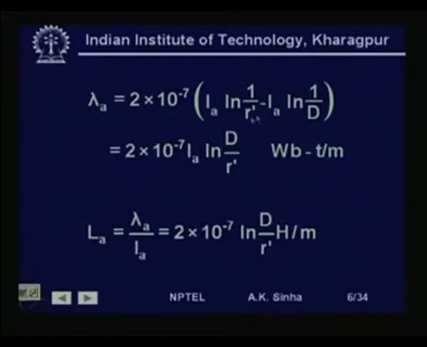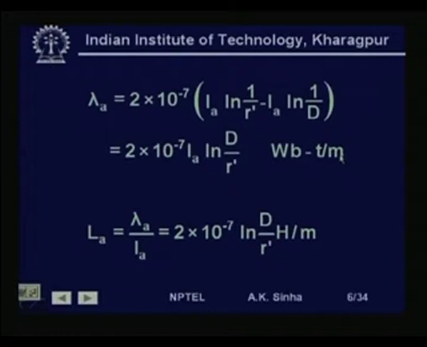Now, we know that for a 3-phase 3 conductor line, I A plus I B plus I C is equal to 0. Therefore, I B plus I C is equal to minus I A. Therefore, we can write lambda A is equal to 2 into 10 to the power minus 7 I A ln 1 by r dash minus I A ln 1 by d, which results into 2 into 10 to the power minus 7 I A ln d by r dash Weber turn per meter.